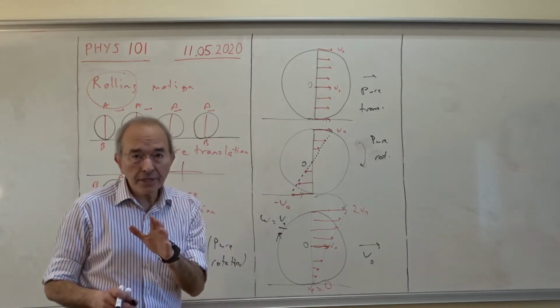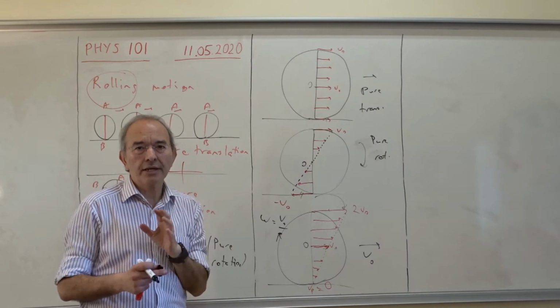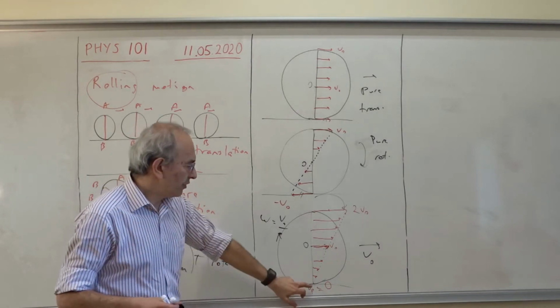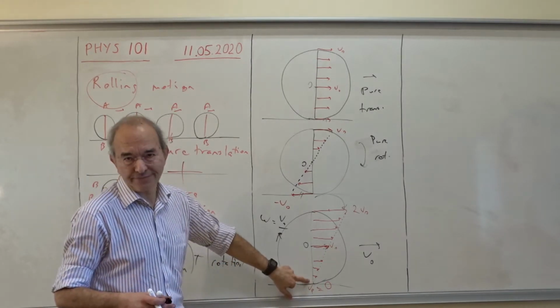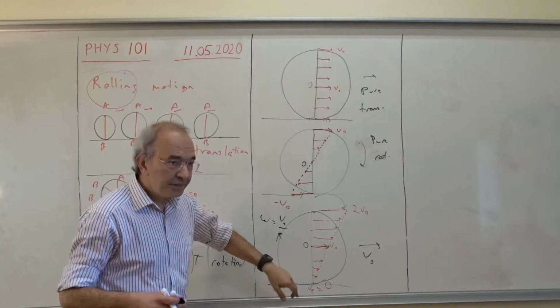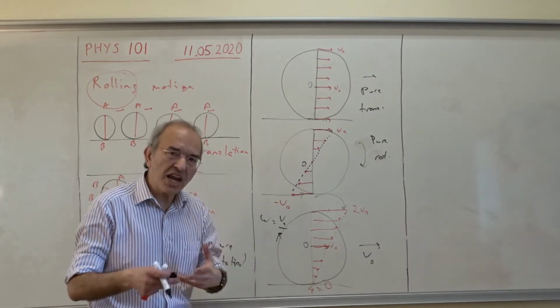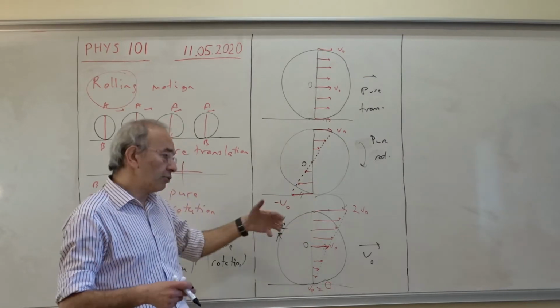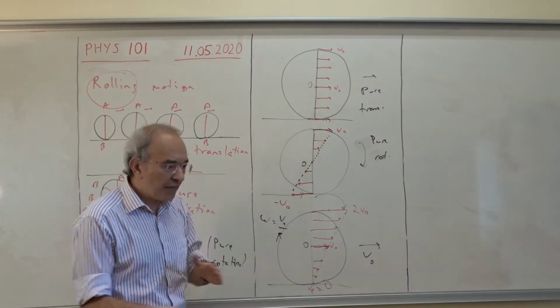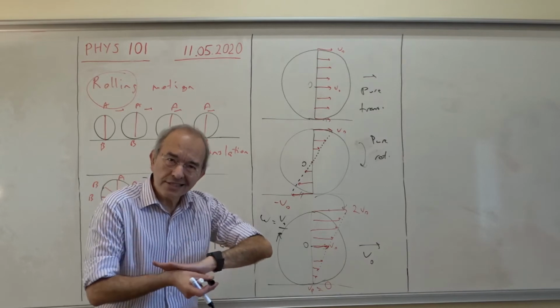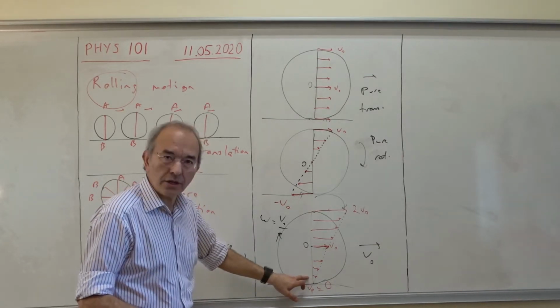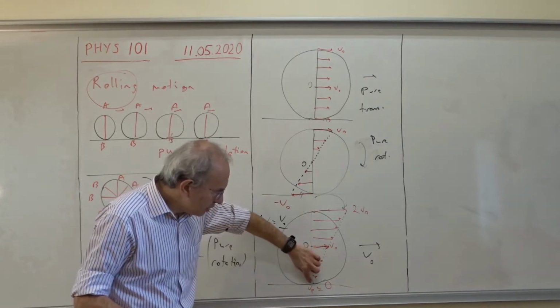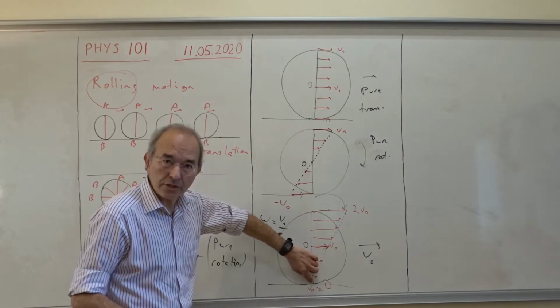It may come as a surprise at first sight that this point doesn't have a velocity. Because continuously, this point is changing. As the object is turning in the clockwise or counterclockwise sense, without any relative sliding between the ground and the wheel, this point is the one which is the lowest.